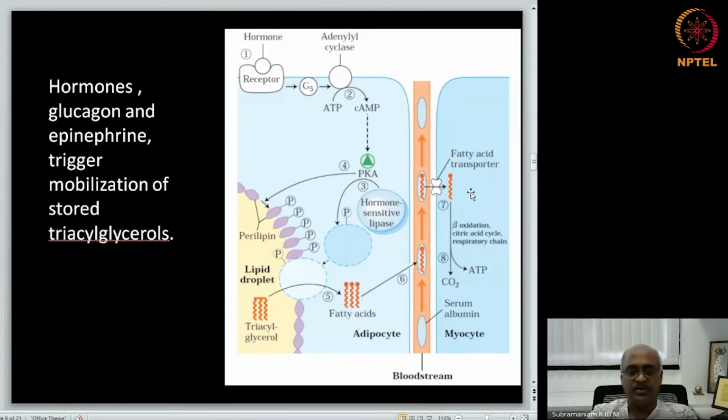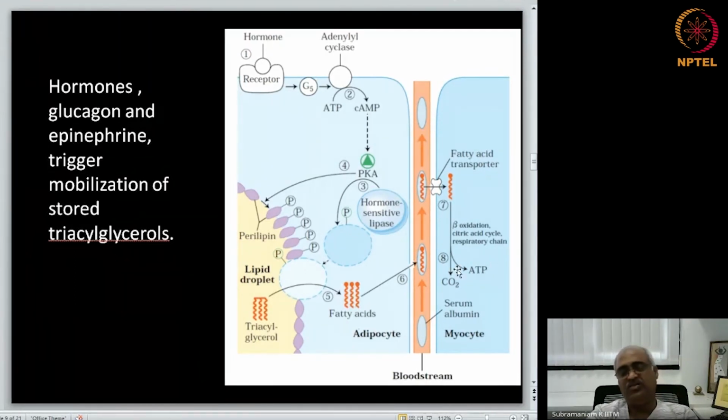There it is going to undergo beta oxidation, which we will discuss in the next class, at the end of which you will get acetyl-CoA. That acetyl-CoA via the citric acid cycle will produce the reducing equivalents NADH and also FADH2, when succinate dehydrogenase works, and ATP by substrate level phosphorylation is also there.